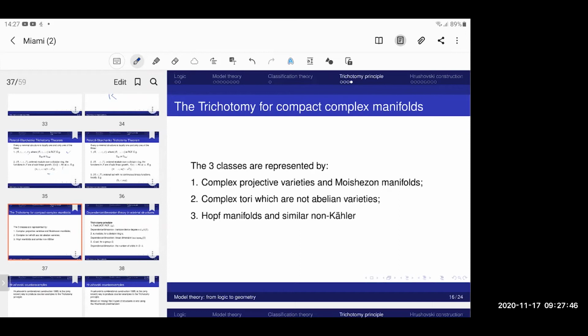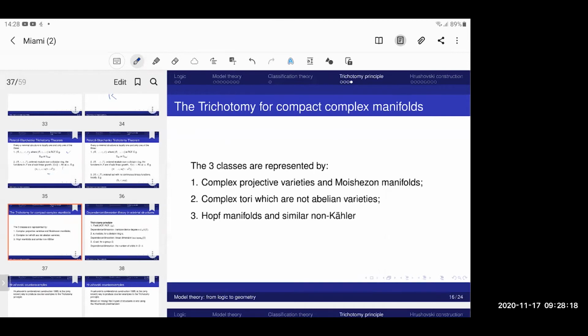The second class are complex tori, which do not have the structure of abelian varieties. So it is kind of a generic tori. And the third class is Hopf manifolds. I cannot say, maybe some people know the answer to this question, whether the third class, where you have in our classification this trivial type geometry, has to be non-Kähler.